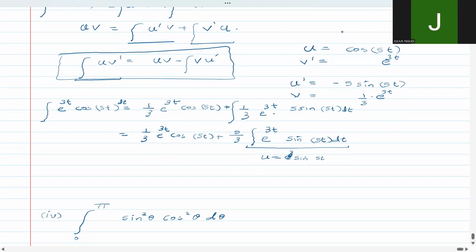Sine 5t. And our v prime, from the acronym, is exponential power 3t. So this means that u prime equals 5 cosine of 5t, and our v will be equal to a third, as we did, exponential power 3t.